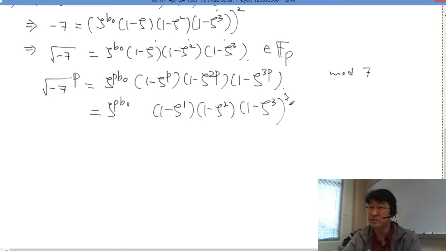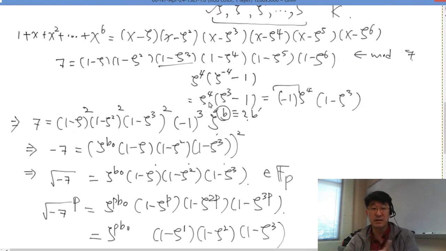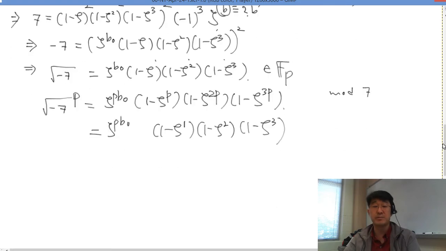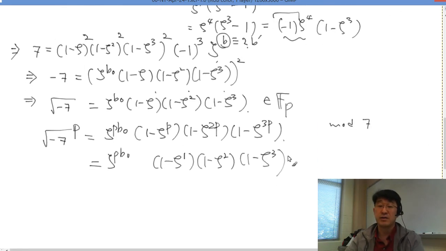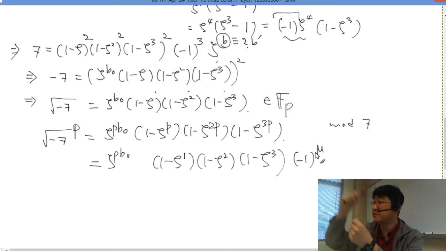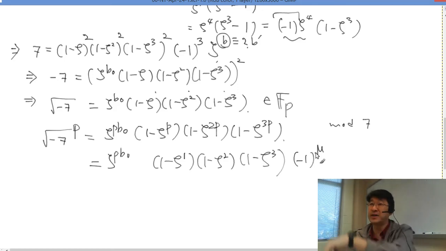In that process, you have to do this business again. But how many of them are falling outside? Every time when you do that, when you're switching, the negative 1 kicks in, right? Every time when you're going outside, when you switch it back into that shape, we have to throw in negative 1. And how many of them are? The notation was negative 1 to the mu. That's the Gauss lemma thing, right? How many of them are falling outside?